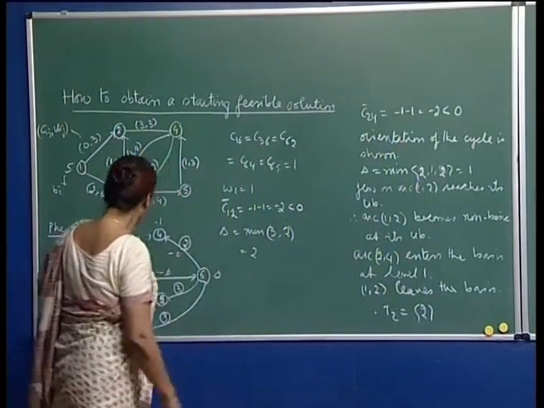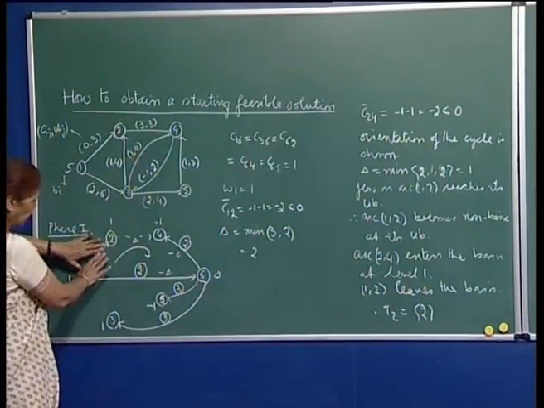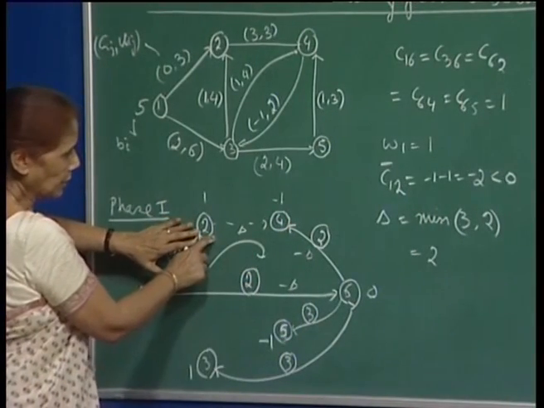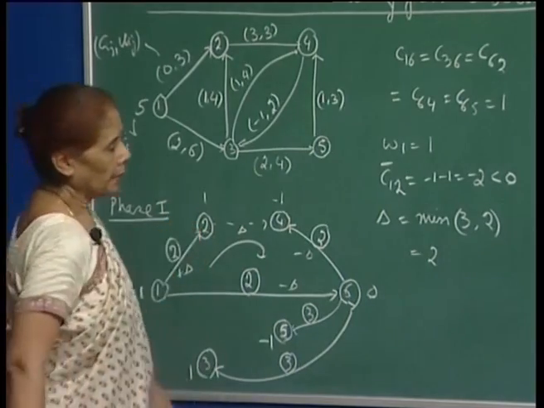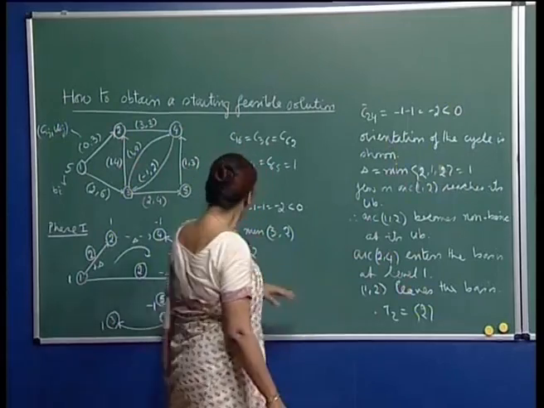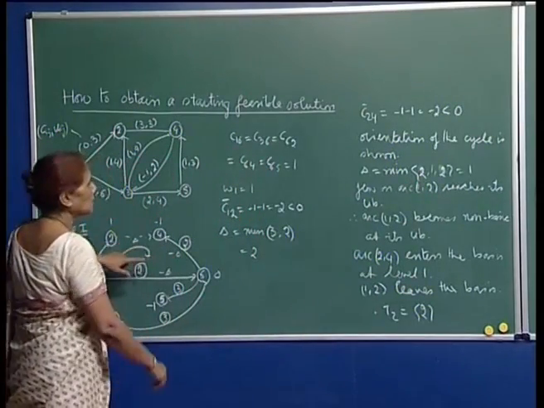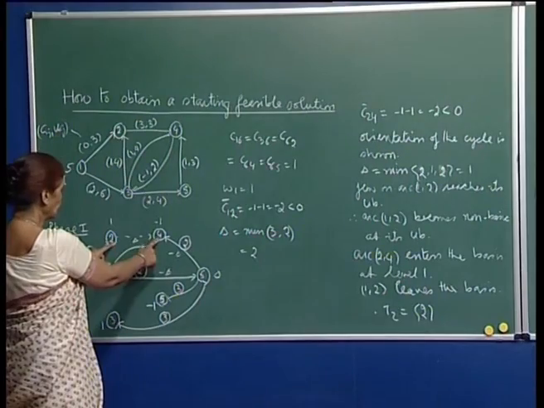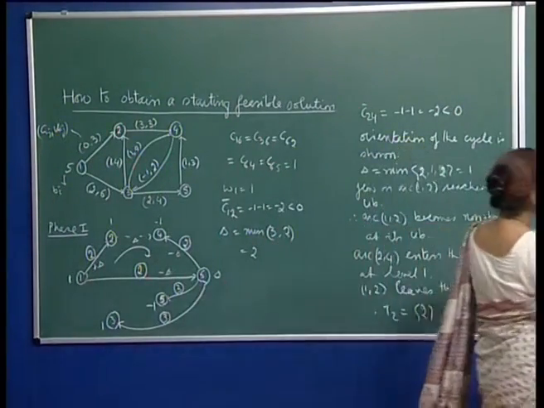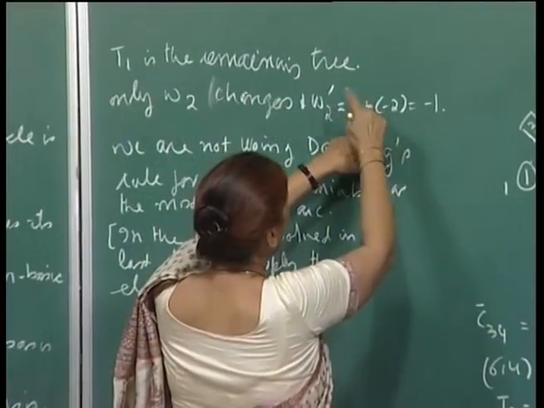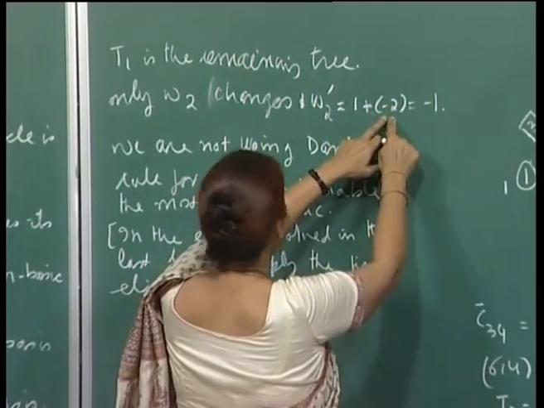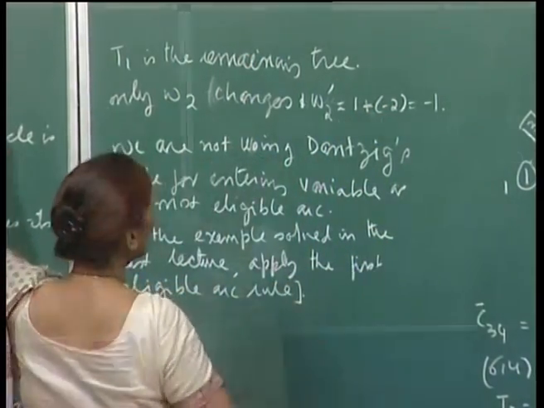When 1 2 leaves the basis in the old tree, T1 is all this, and T2 contains only node 2. Since arc 2 4 is entering, P belongs to T2, therefore you will increase W2 by the C24 bar.